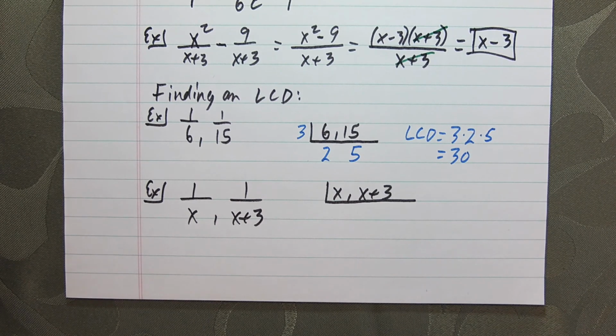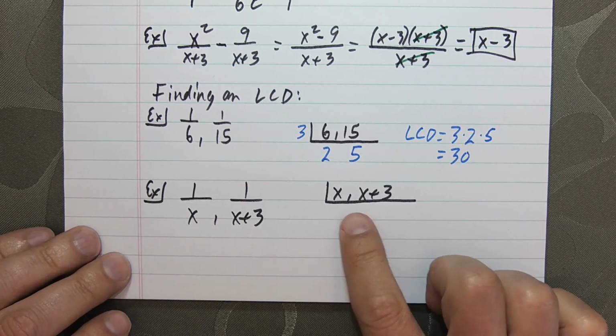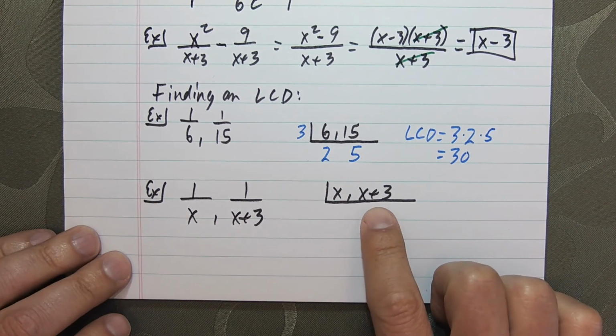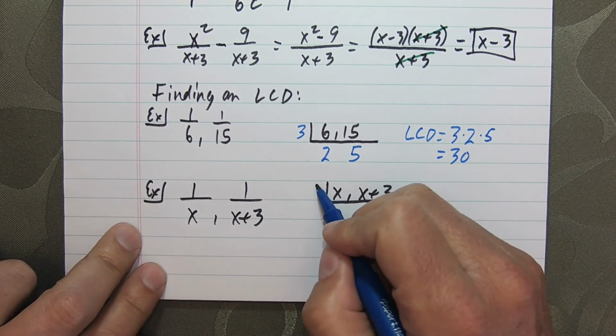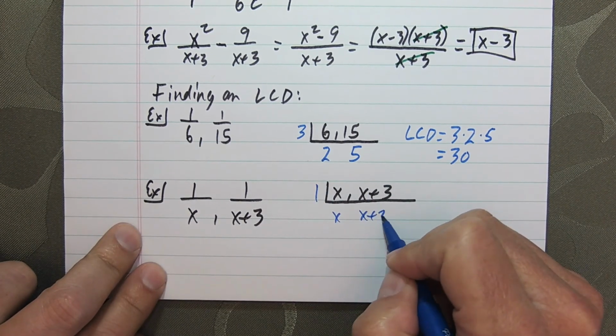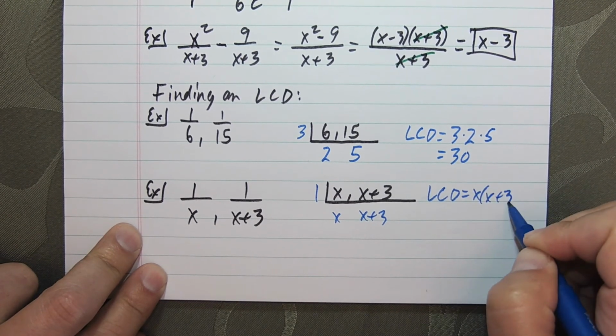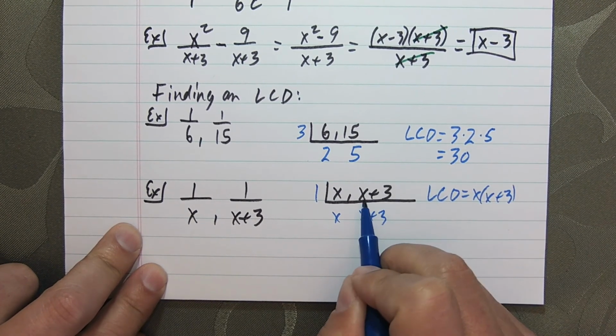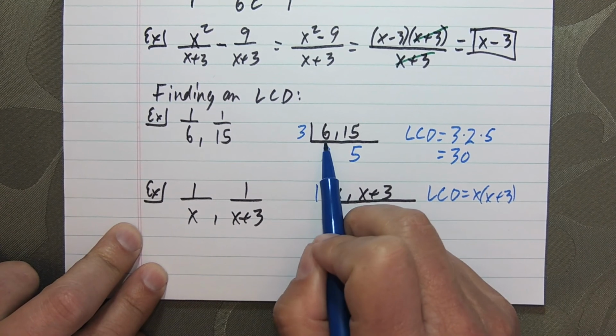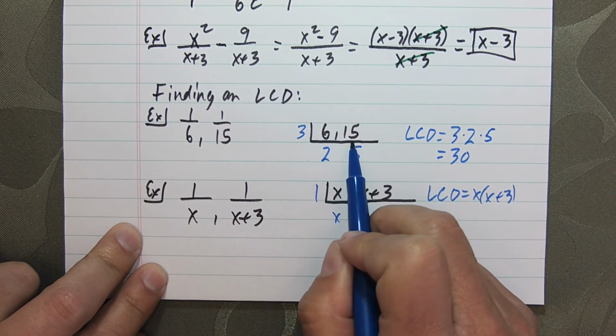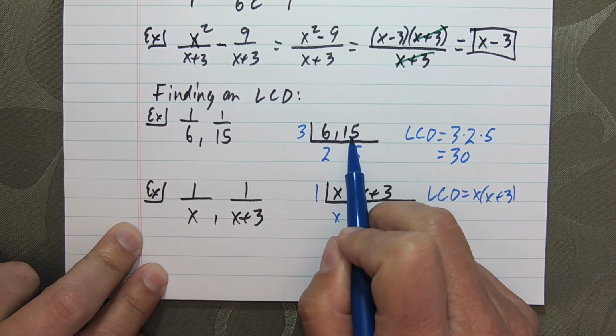Now here's where it gets tricky. It looks like they have an x in common, but they don't. Because it's x plus 3, what they have in common is nothing. They have a 1 in common. So that's a little tricky there. Now, if this was x times x plus 3, then they would have it. It's got to be multiplied. You see that's 2 times 3 there? Yeah. 5 times 3.